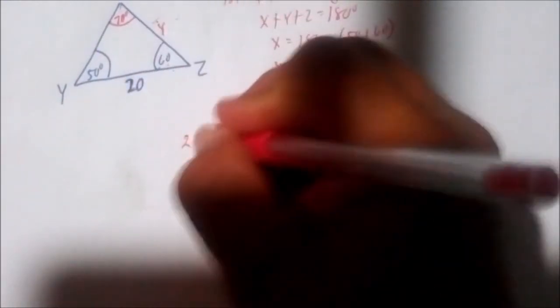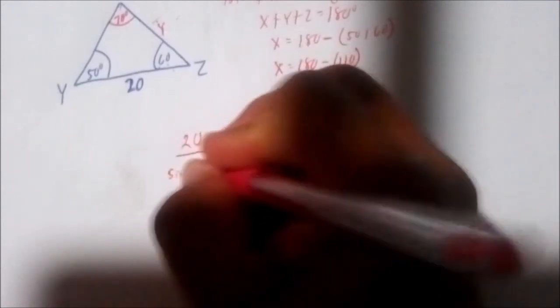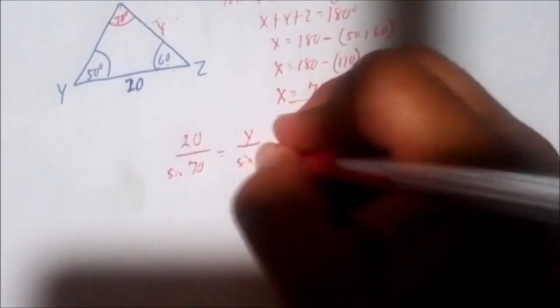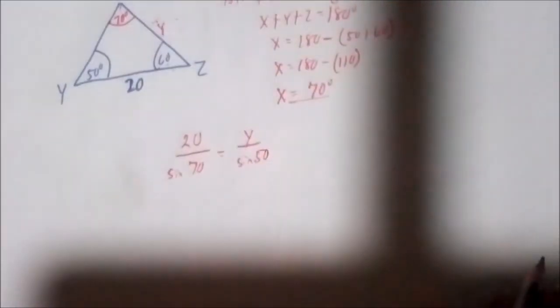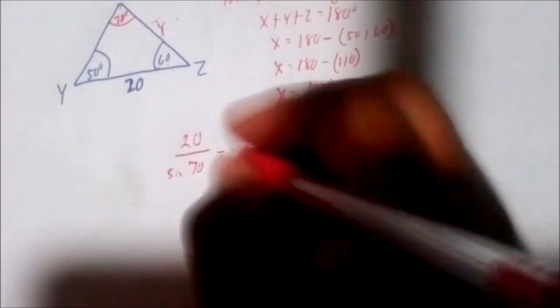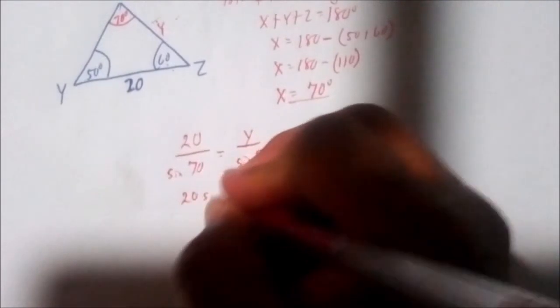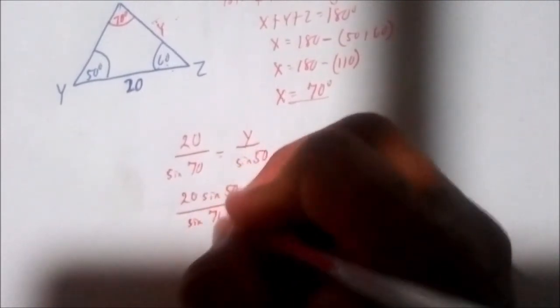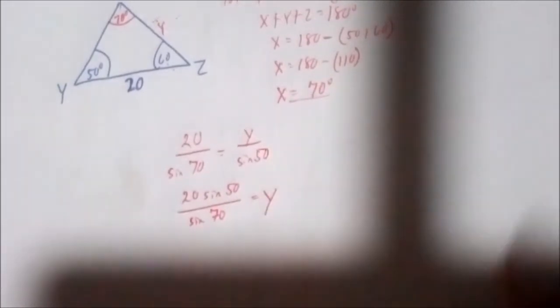This side here, which is 20, over sine 70, must equal y over sine 50. So we rearrange the equation to get y by itself, and we end up with 20 sine 50 over sine 70 equals y.